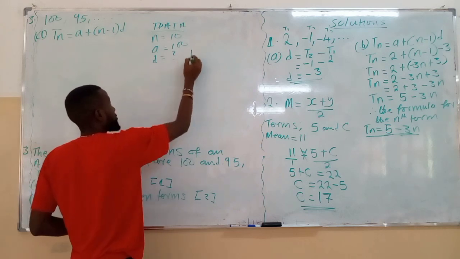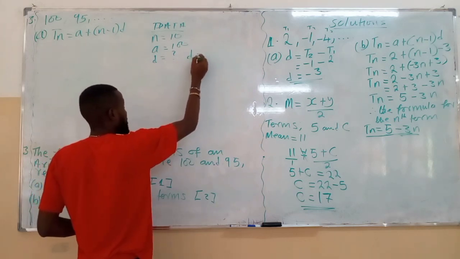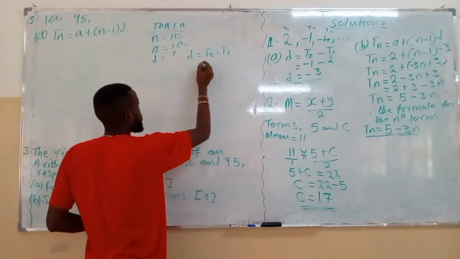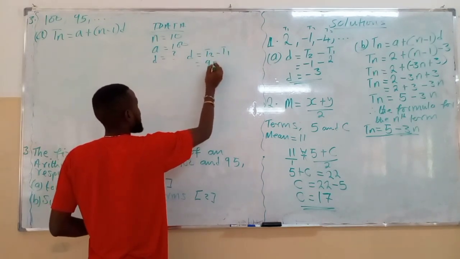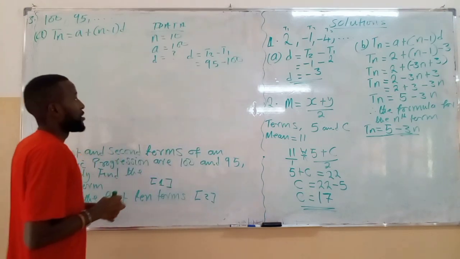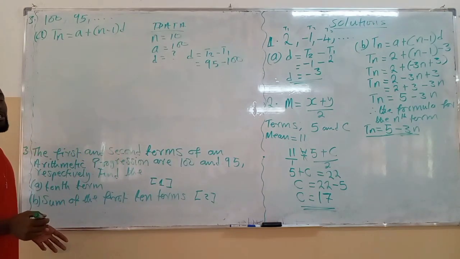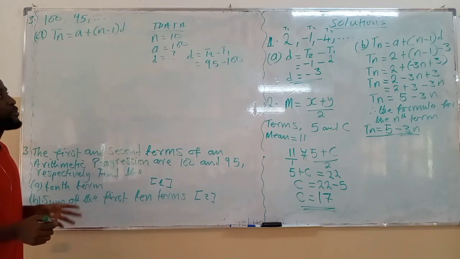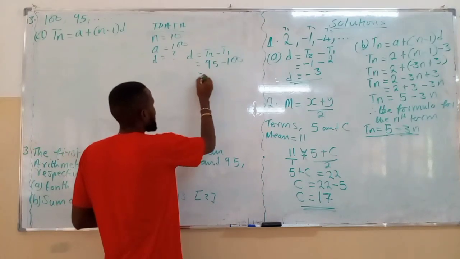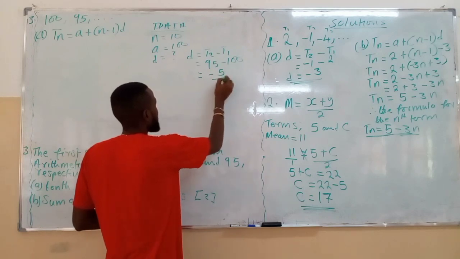The common difference is equal to term 2 minus term 1. So what is term 2? 95 minus 100. That is how you find the common difference. So my answer will be negative 5.